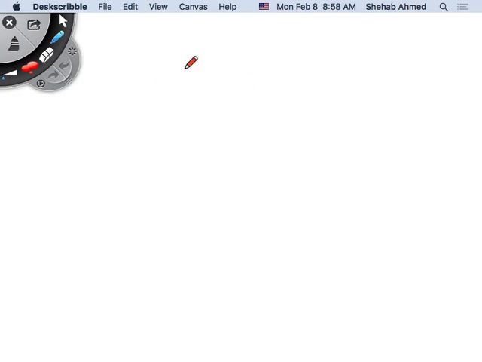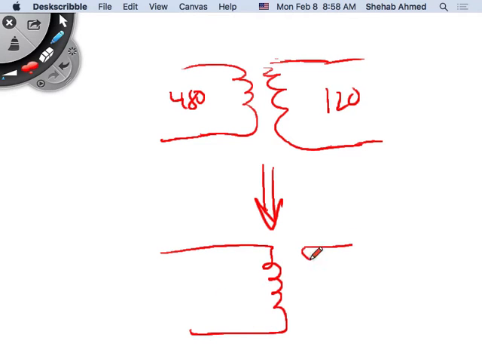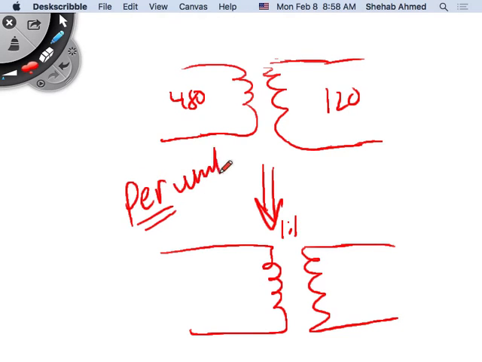So I have a transformer. This is 480, 120. I want to figure out a way to make this look like a 1-to-1 transformer in per unit. We said that in per unit, I will take my actual quantity.